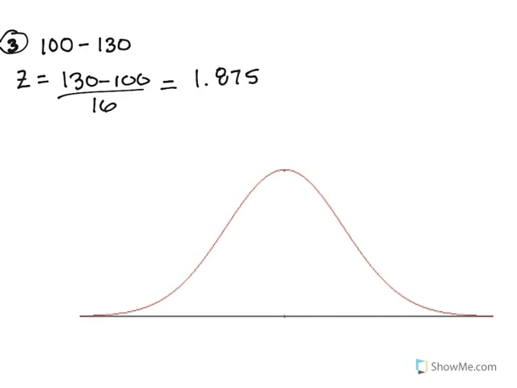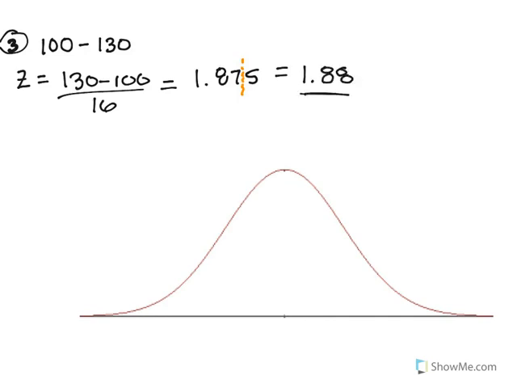Now, don't get this confused with the special case where I asked you to find the matching z-score with area, okay? Right now, you got to round your z-scores in order to use this table. Does everybody understand me? So, yes, you do need to round it correctly, and that would make this z 1.88.